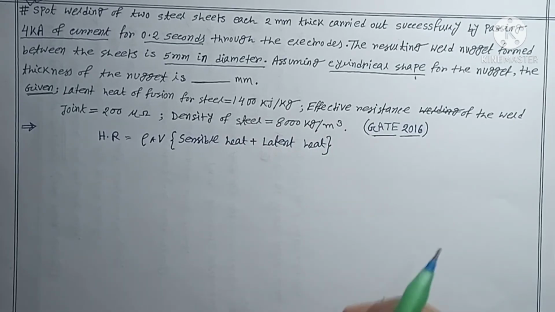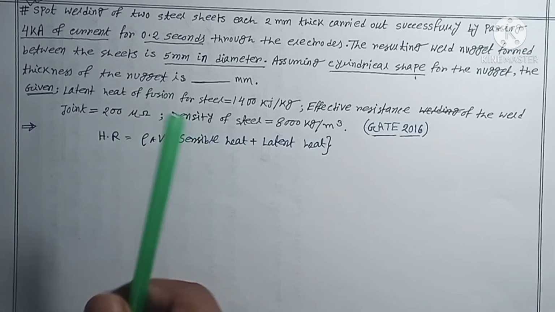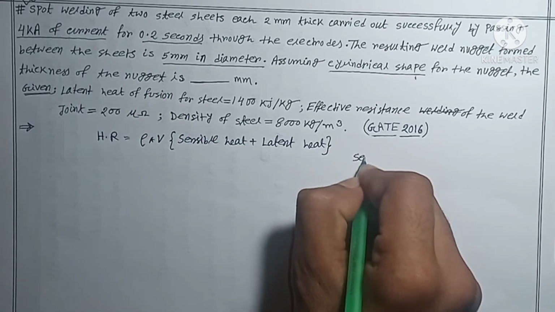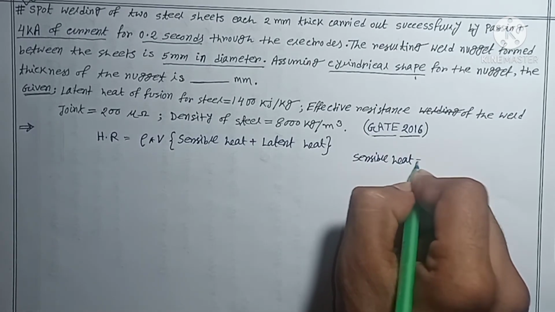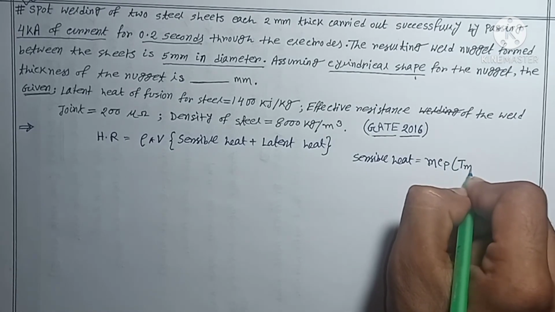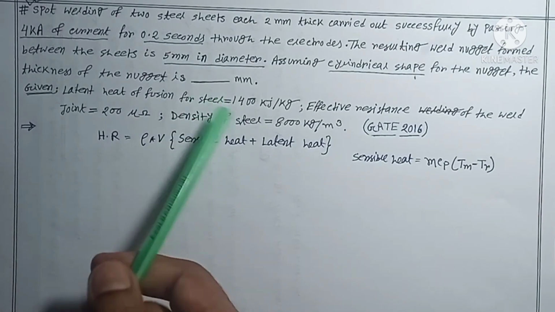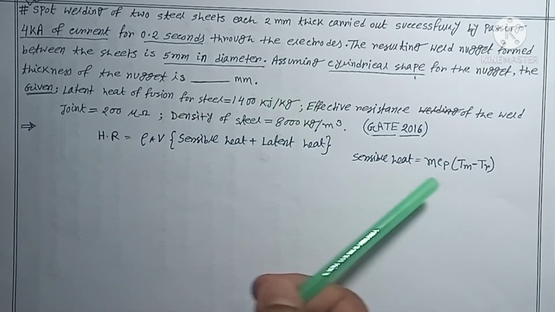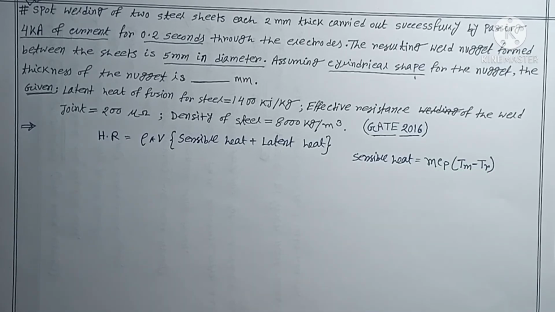But if you carefully read the question, sensible heat, how can you write it? Sensible heat as m Cp, melting point temperature minus your room temperature. But in this question there is no information about the Cp, Tm and Tr.